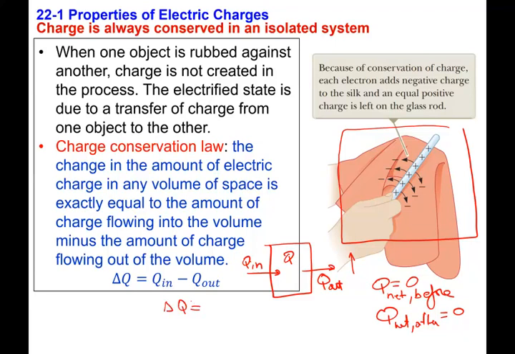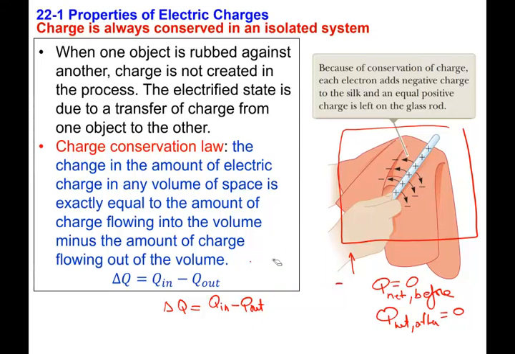So in this case, it is not an isolated system because you're putting in a charge and you're taking out a charge. Delta Q is going to be equal to Q in minus Q out. So this is the law of conservation of charge.